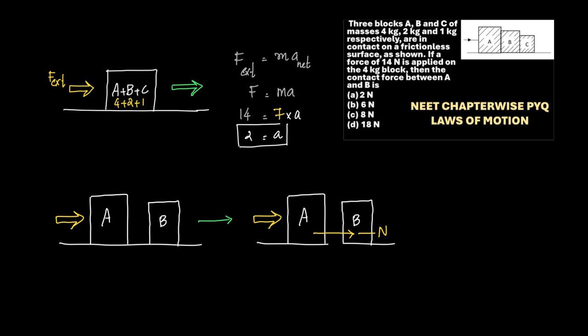So this is the normal reaction on B due to A. Now by Newton's third law of motion, an equal and opposite force will be given on A. If we mark that force, this is the normal reaction acting on A due to B.